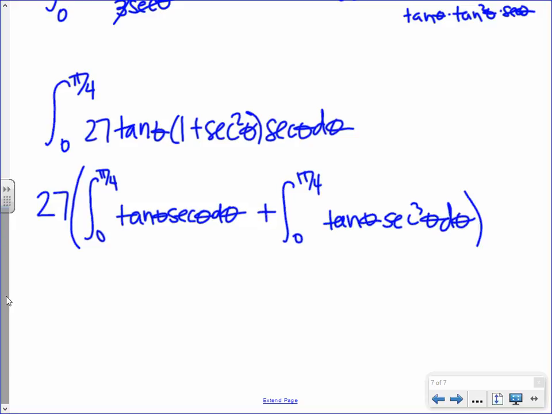Okay, so I went ahead and distributed the secant times tangent into the secant squared minus 1.